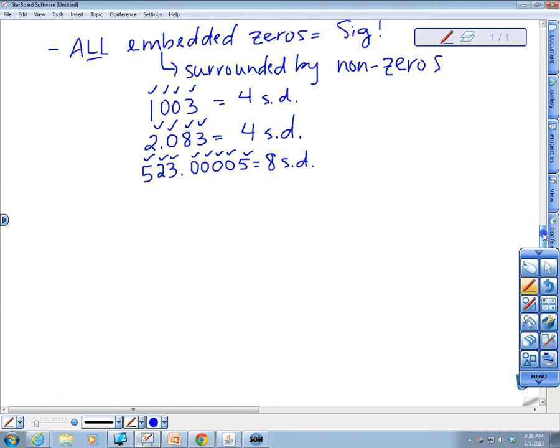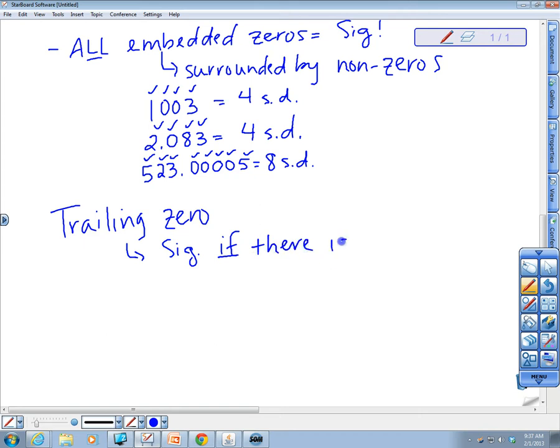What about zeros that come somewhere other than in between non-zeros? If it is a trailing 0, meaning it comes at the end, then it is significant if there is a decimal.